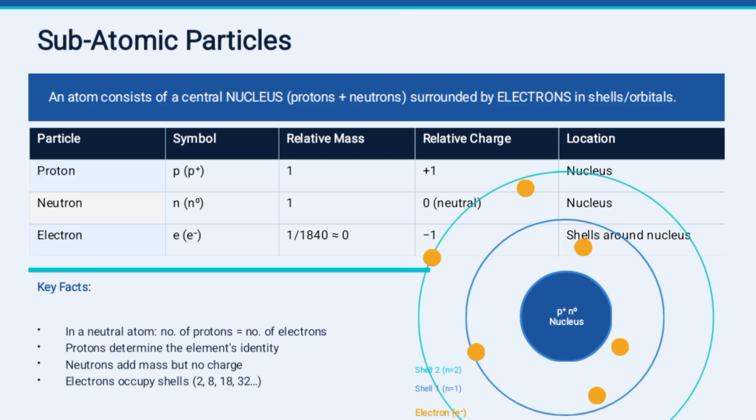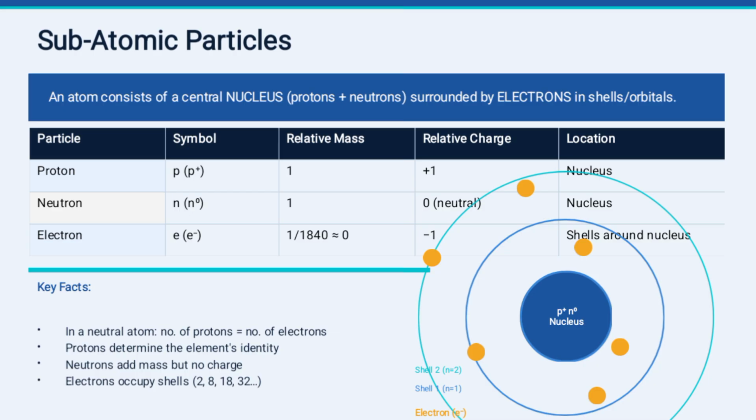So the three particles in an atom are proton, which is positive, found in the nucleus, and of course with a relative mass of 1 and relative charge of +1. Neutron, which is neutral, has a relative mass of 1, the charge is 0, and the location is in the nucleus.